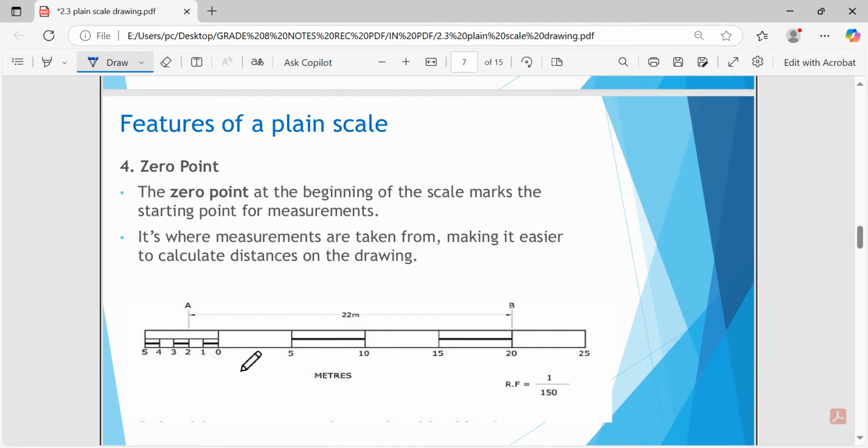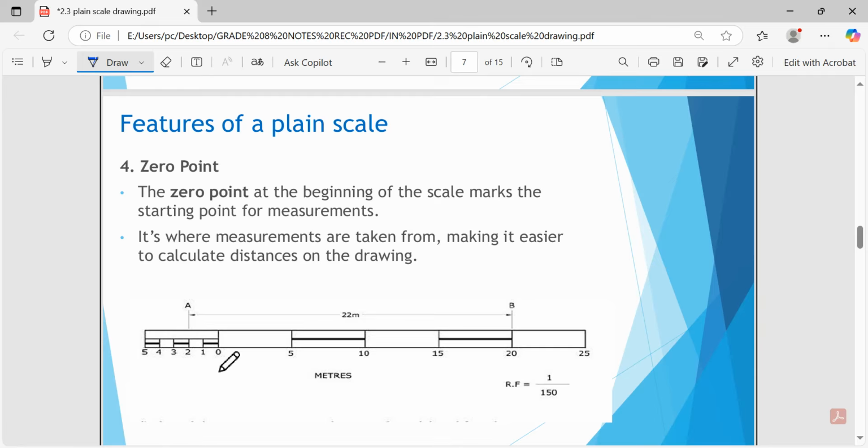If you look at this point, if this is 0, 5, 10, 15, 20, 25, then you don't say from here going this side to this side, this is 0 to 5. No, the 0 point is the middle point where now the scale works from. Okay, and it is located at the junction where the different units meet.